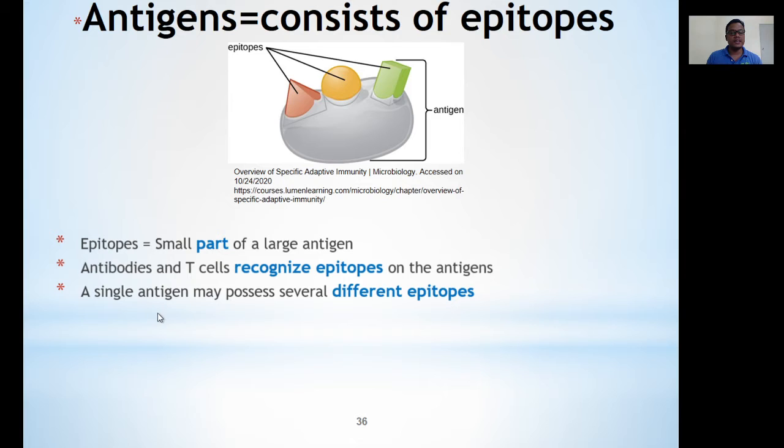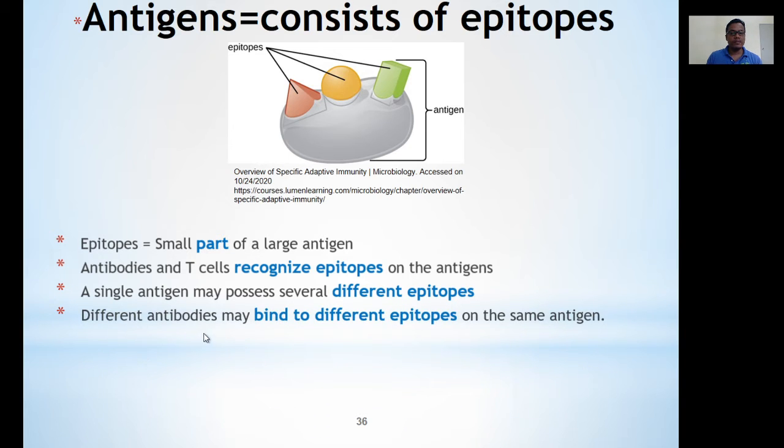A single antigen may possess many different epitopes. Different antibodies may bind to different epitopes on the same antigen.